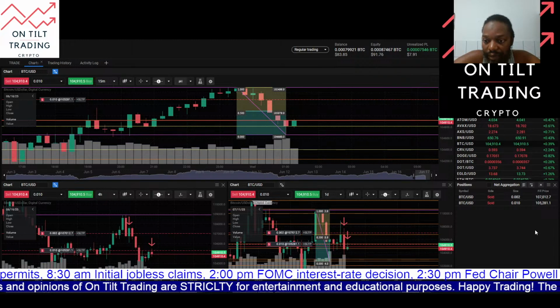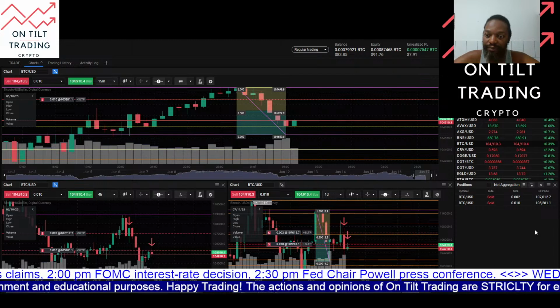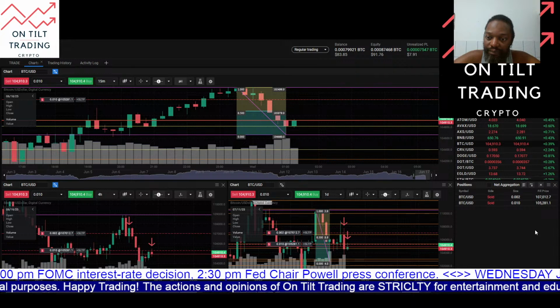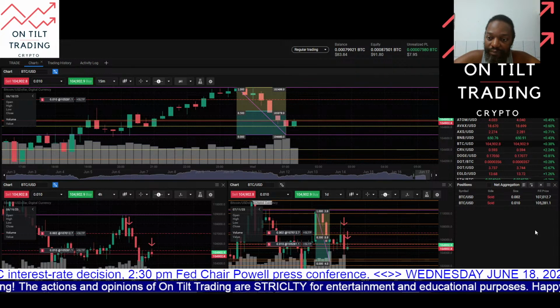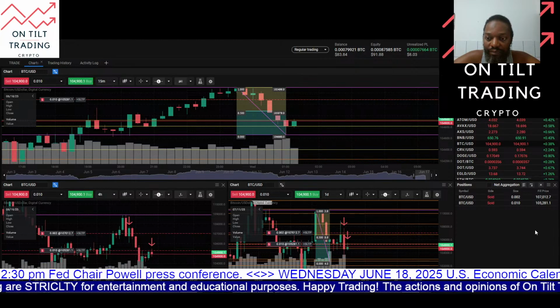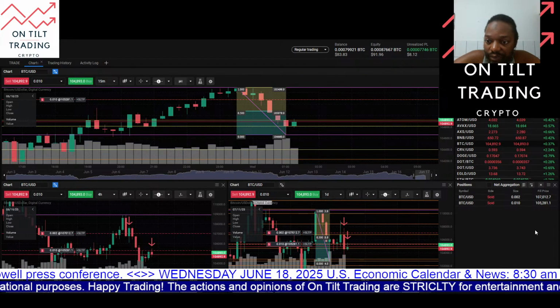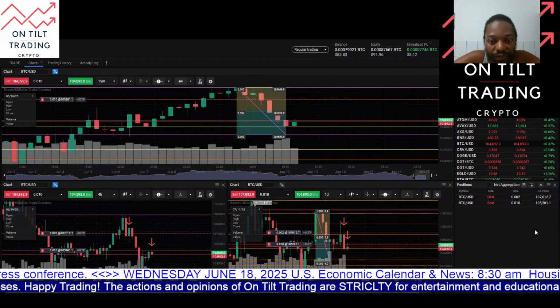Less than 4 minutes remaining in this 15-minute candle. Price still consolidating around the 104,900 level.